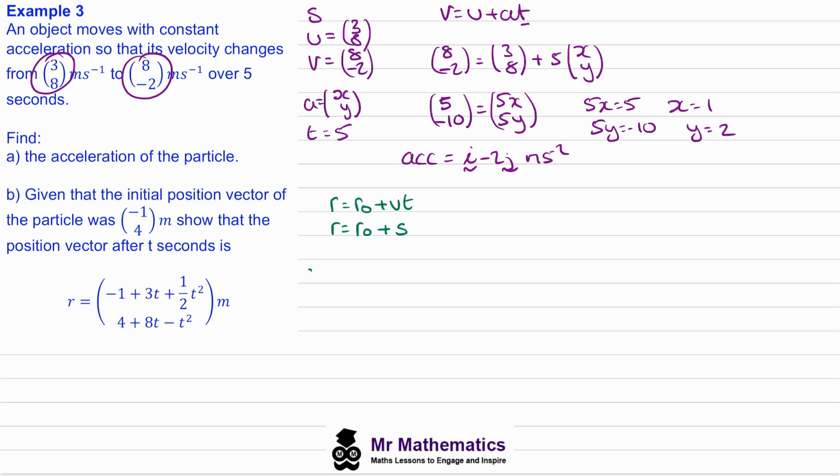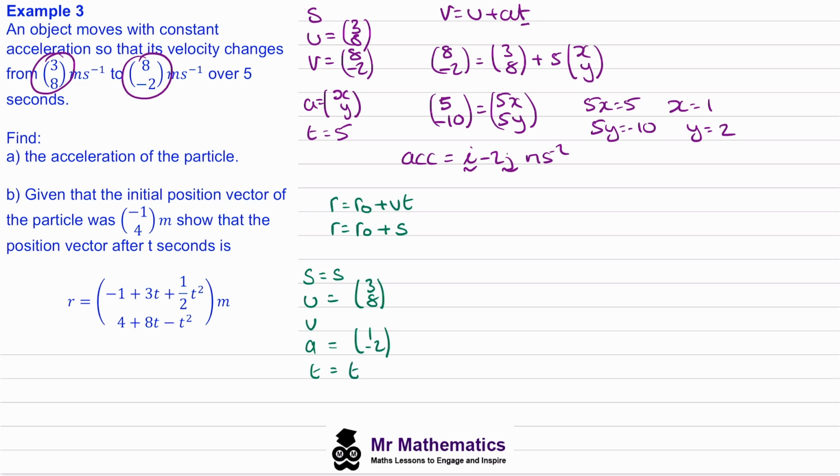Now we can use our SUVAT formulae again. We know s is what we're trying to find. The initial velocity is (3, 8). The final velocity we don't know. The acceleration we've worked out as (1, -2). And time we're writing in terms of t.